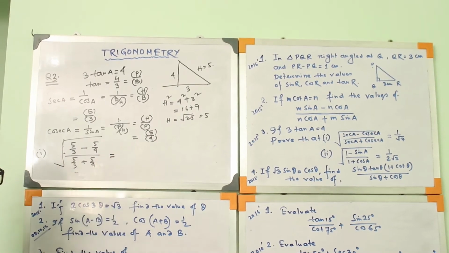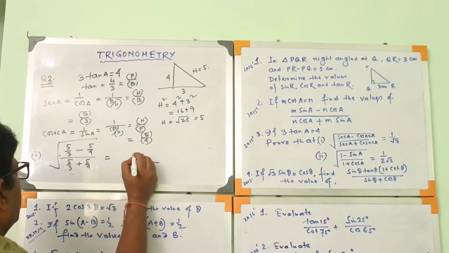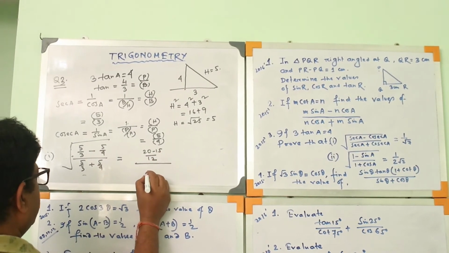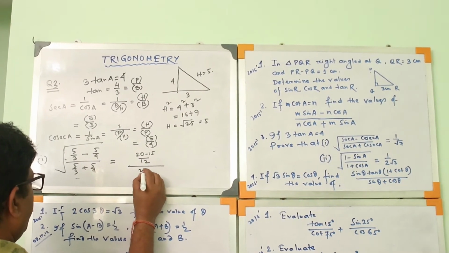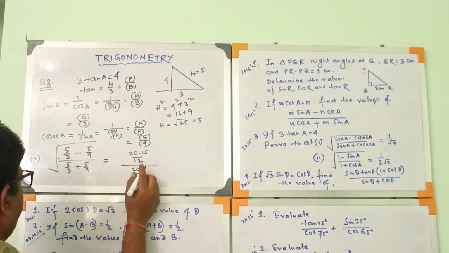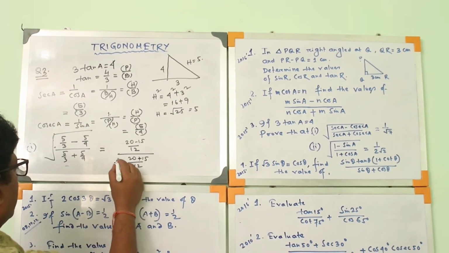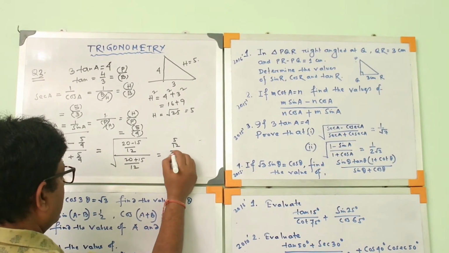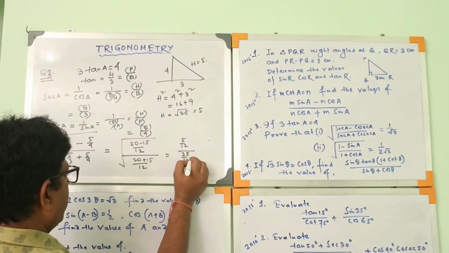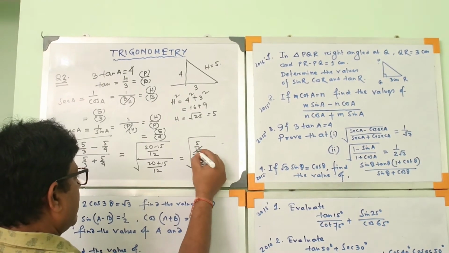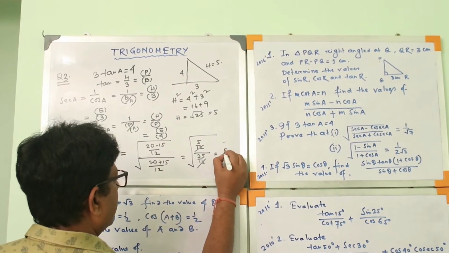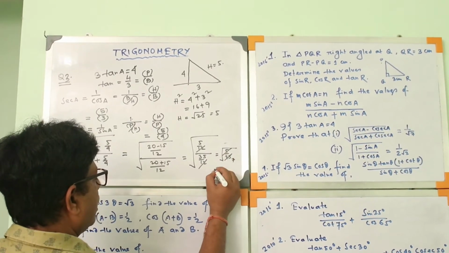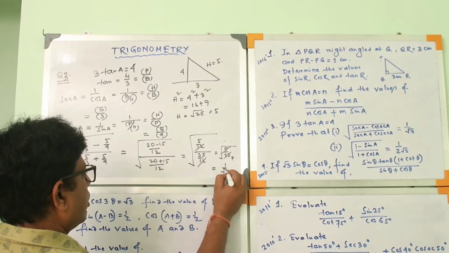So the value will be 20 minus 15 by 12, equal to 20 plus 15 by 12. That is equal to 5 by 12 over 35 by 12, 12 cancel. That means 5 by 35, 5 times 7 is 35. That means 1 by square root of 7.